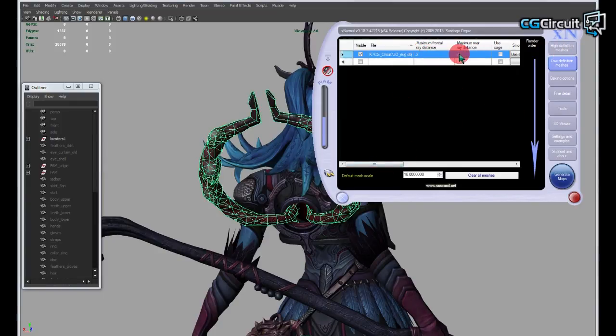But I did find numbers that already worked for me here, the maximum frontal and rear ray distance. If you remember back when I was rendering in Maya, and that red envelope that changed when I changed the values, this is something pretty similar, and I'm sure XNormal has its own way of calculating things, but I like to think of them as the same thing.